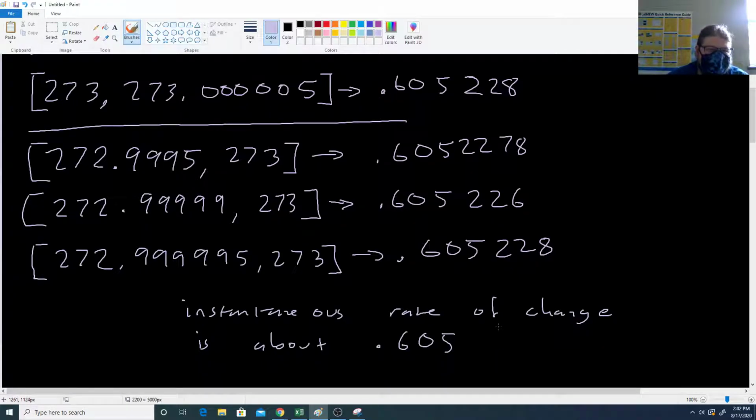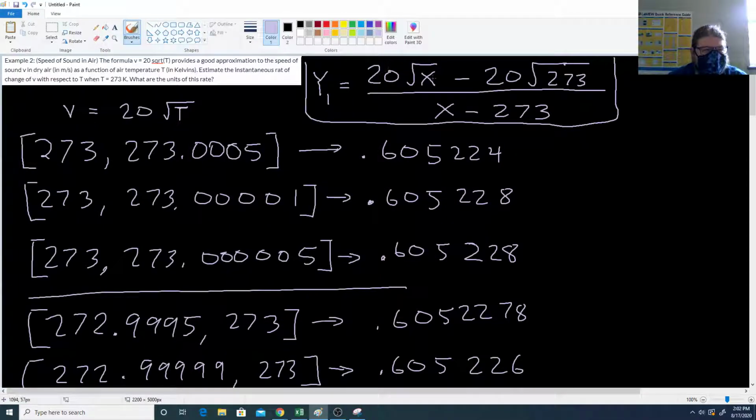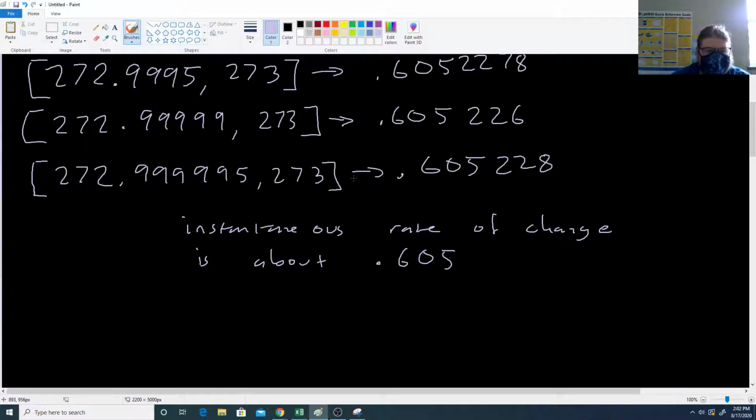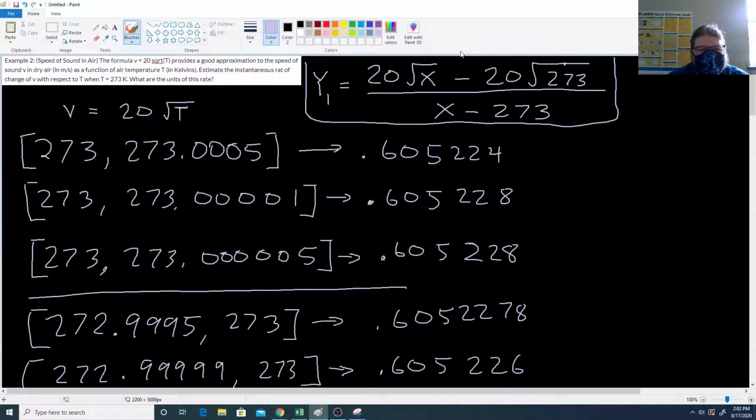In these average rates of change, the top unit is a speed, velocity in air, so that's meters per second. And T is temperature in Kelvin. So the units of the top of this division are meters per second, and the units on the bottom are Kelvin.